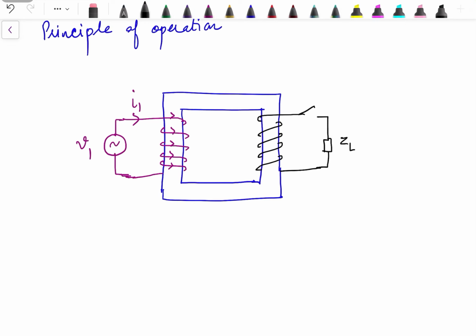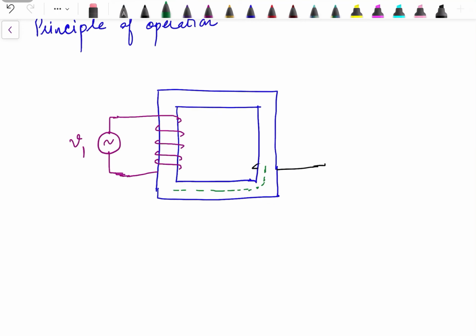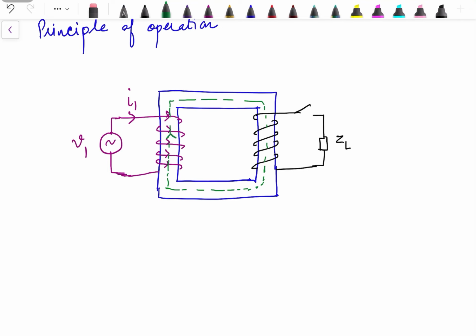So when current I1 starts flowing in the primary winding, it will lead to production of flux. This flux will try to remain confined to the core only, since the core provides a low reluctance path and flux has a tendency to flow through a low reluctance path. We can find the direction of that flux by using the screw rule. Using that screw rule, the direction of flux is upwards, so it will flow in this direction.